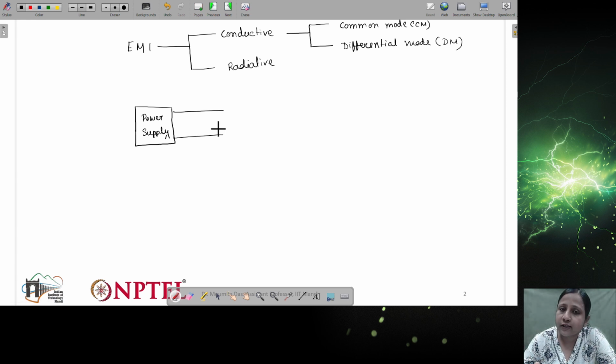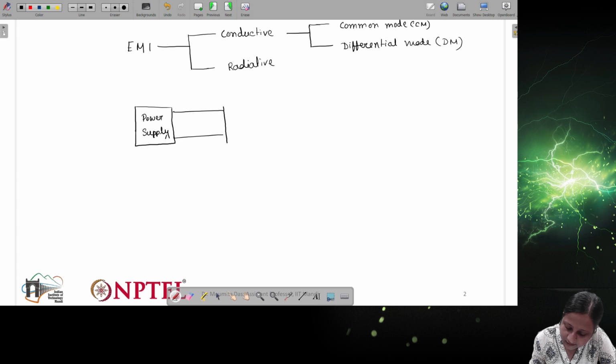Again, the power converter can be anything: AC to DC, DC to DC, DC to AC, or AC to AC. So we can just say power converter or the equipment under test.